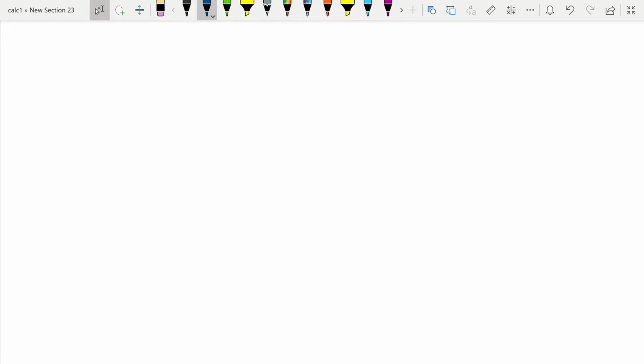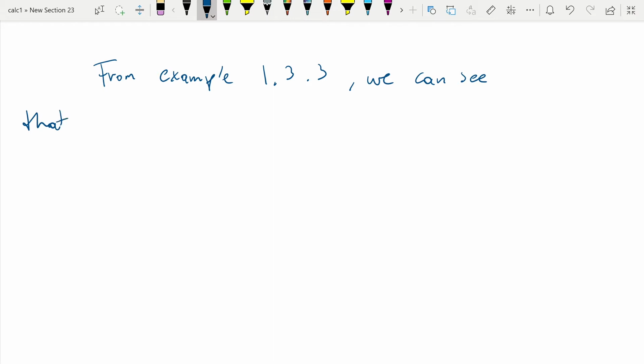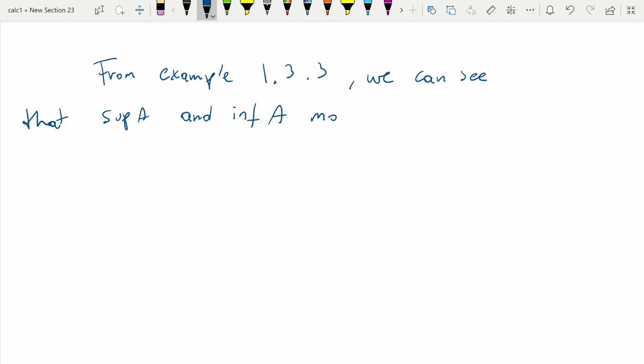So the starting point here is that from example 1.3.3, we can see that the supremum of A and the infimum of a set A may or may not belong to the set A in question.